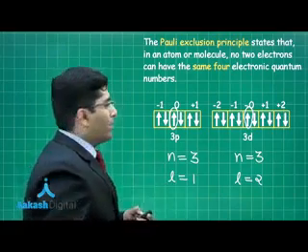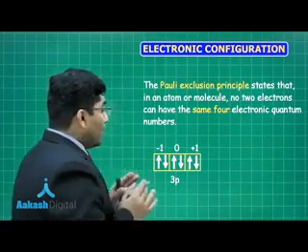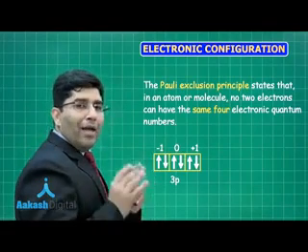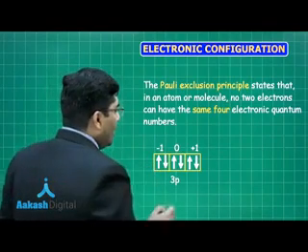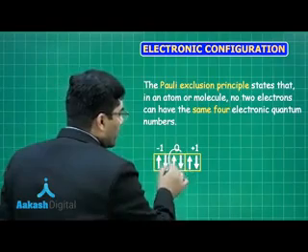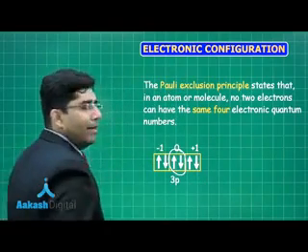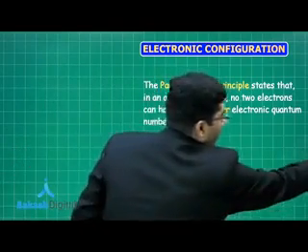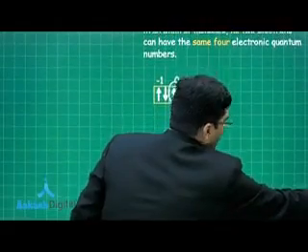Let's take another case. Now, in this case, we will take 2 electrons having the same azimuthal quantum number. Let's take these 2 electrons having magnetic quantum number equal to 0.